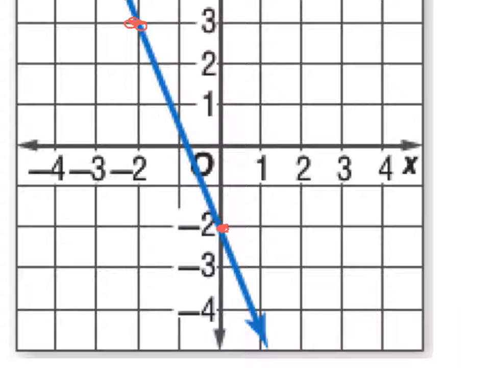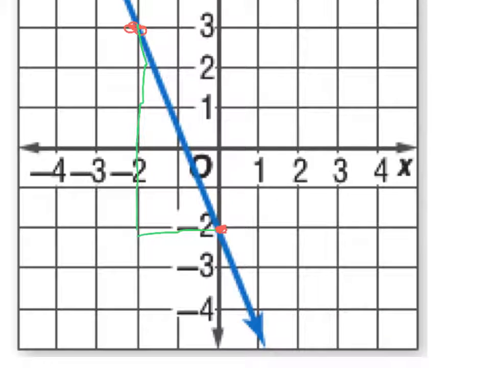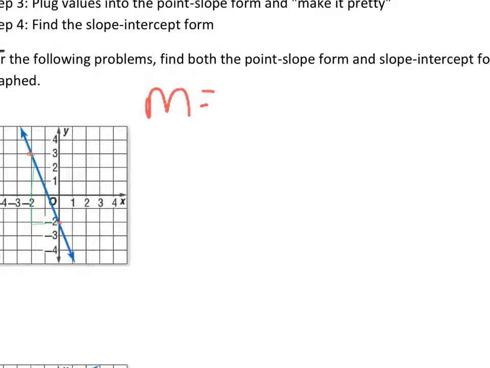So from the first point, I'm counting by ones. 1, 2, 3, 4, 5. The run is 2. So I get negative 5 over 2. Step 2 says find a point. I'm going to pick the easiest point, which was this one, which is 0, comma, negative 2.